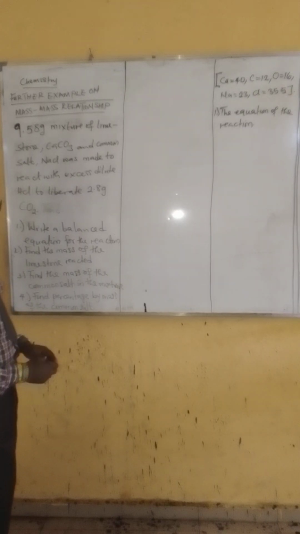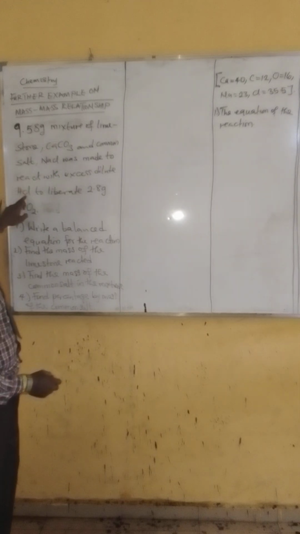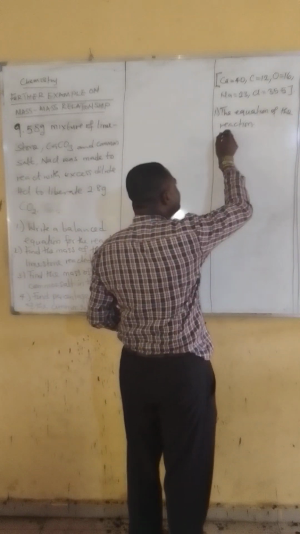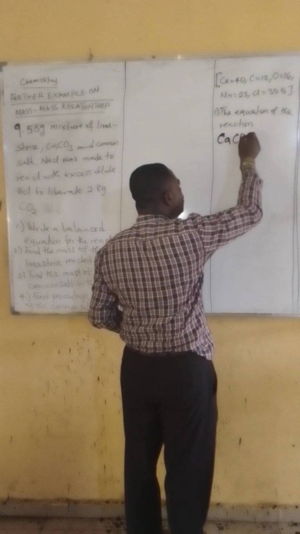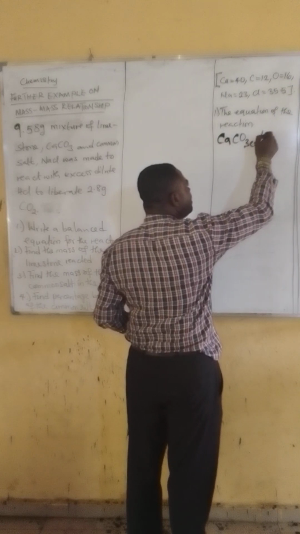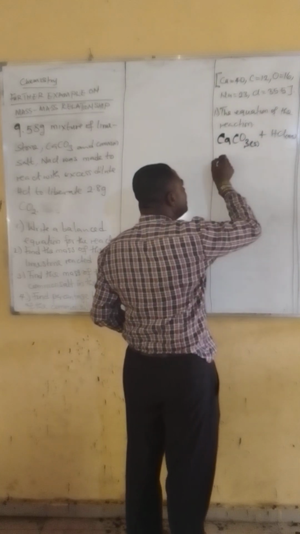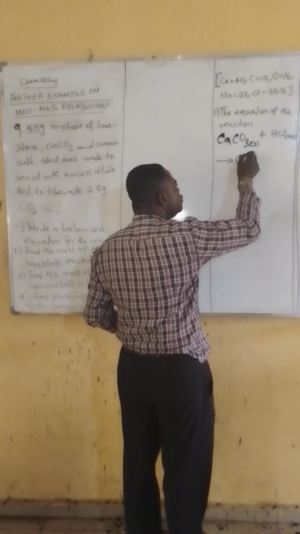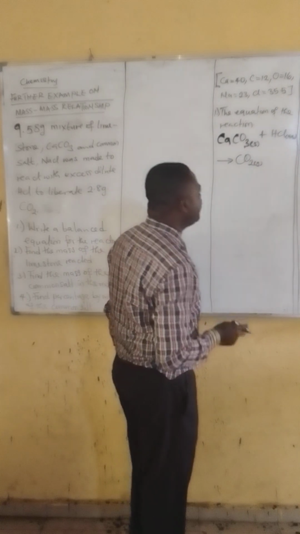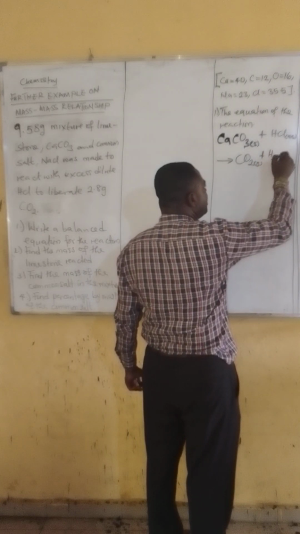Let's write the equation. It is calcium trioxocarbonate IV that is reacting with HCl to liberate carbon dioxide. We have CaCO3, which is solid, reacting with HCl, which is aqueous. Then we have CO2 coming out of this CO3 2 minus. Then what else will be formed? Water will be formed, H2O.